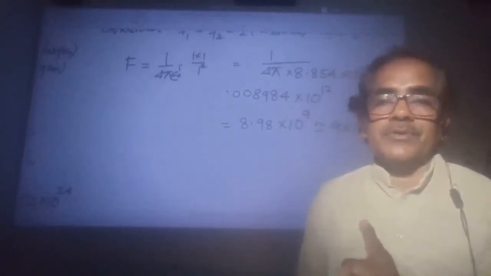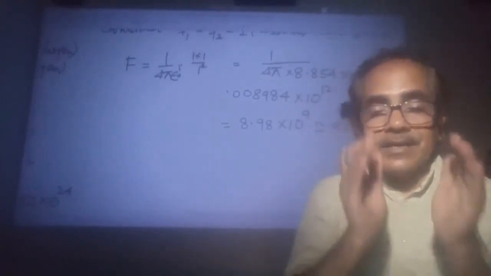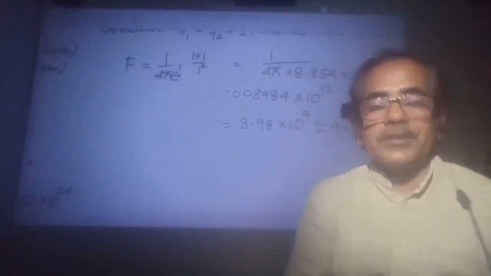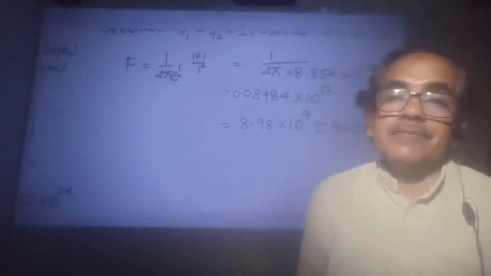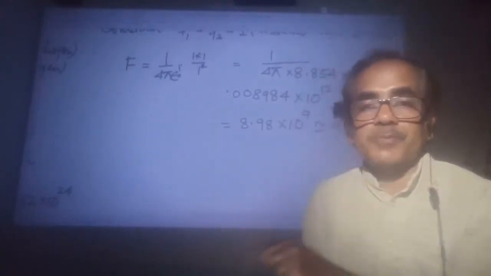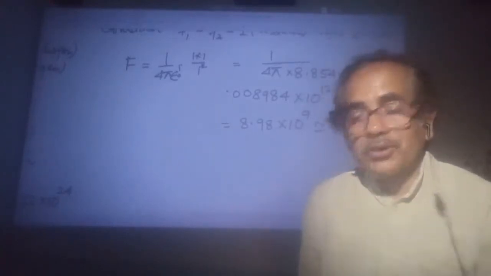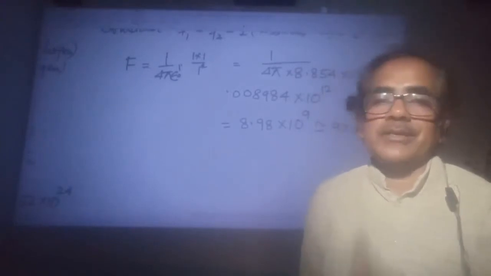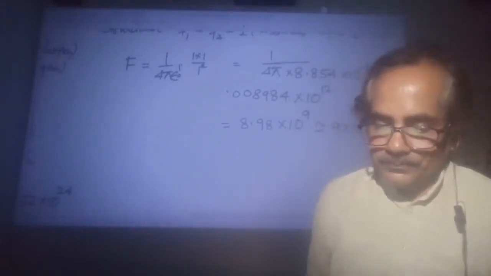This unit value is considered as the reference for measuring other values of charge. This was expressed by the coulomb. So the unit of charge is also considered as coulomb.